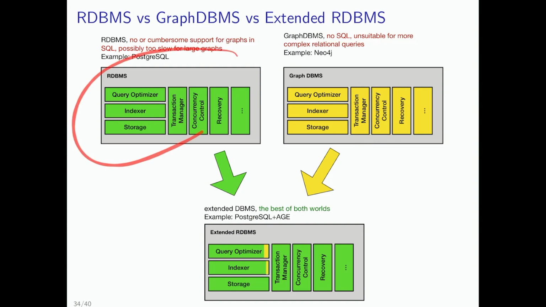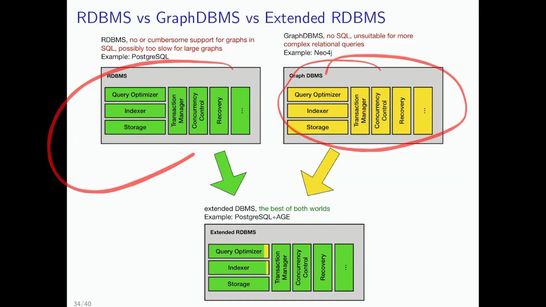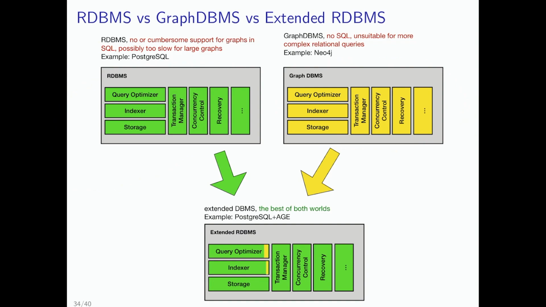So what happens over time is that the graph functionality, just the stuff that is needed, is added to an existing relational database system. Like these little yellow parts: a little extension to the query optimizer, a little extension to indexing, is added to an existing database system.